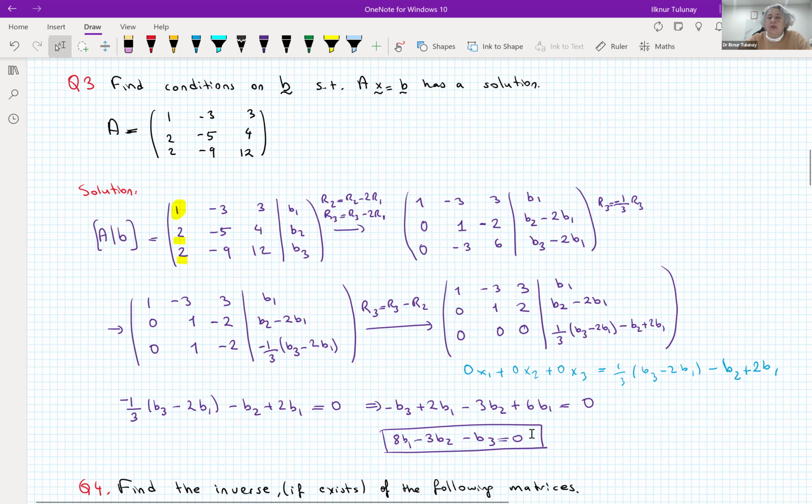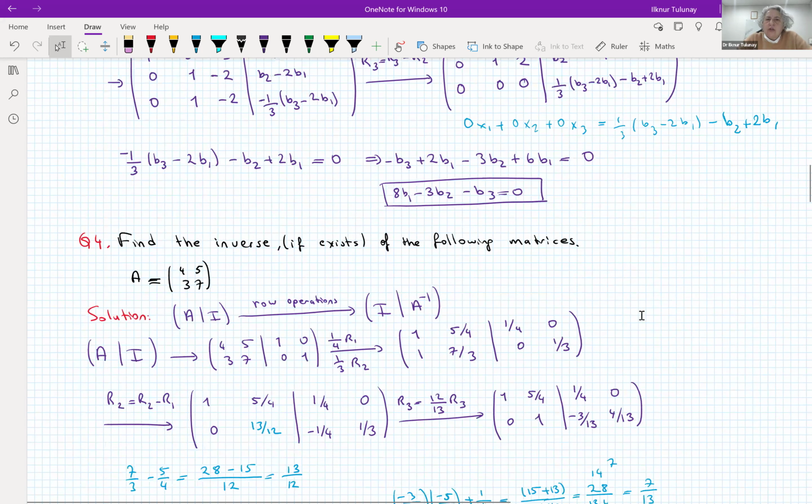So this is the condition that you're looking for. And so you have a solution if you don't have a contradiction. But in this case, if this is 0 and this is not equal to 0, it would give you a contradiction. This is not what you want. That's the key for this one.